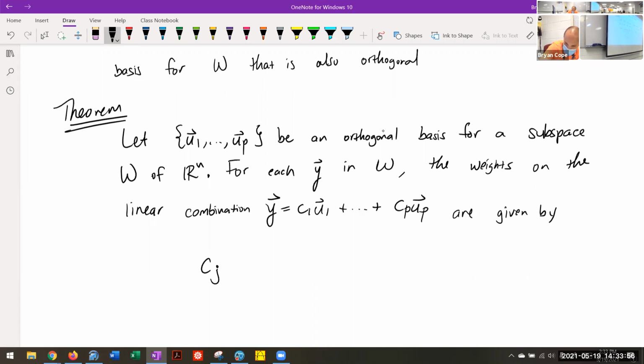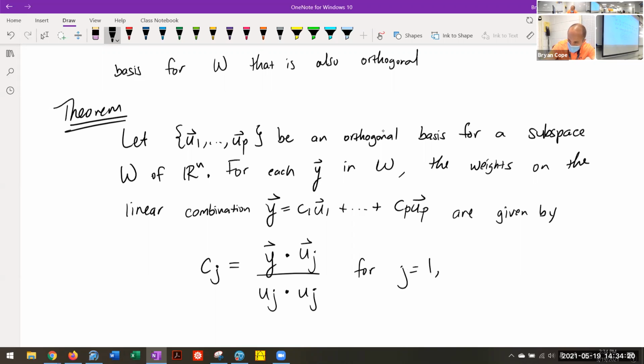C sub j, there's P of these, so I can't just say C1, C2, C3, I would be here forever. C sub j is found by taking Y dot UJ over UJ dot UJ for j equal to 1 through P. And man, that should look a little strangely familiar.